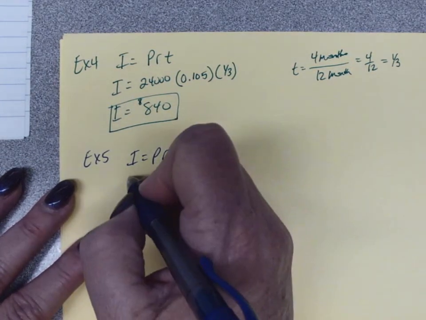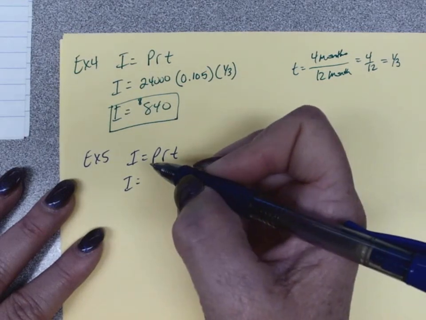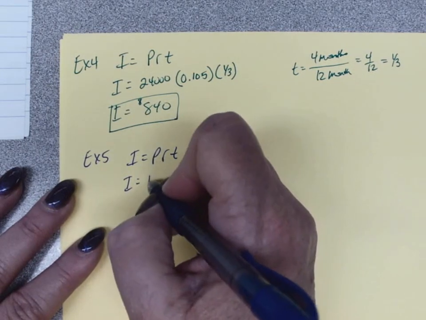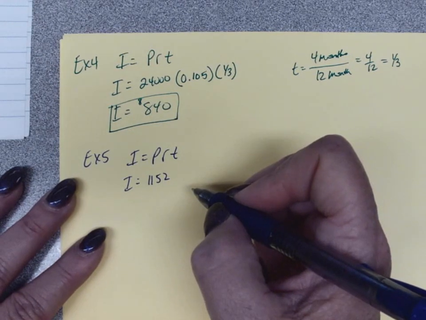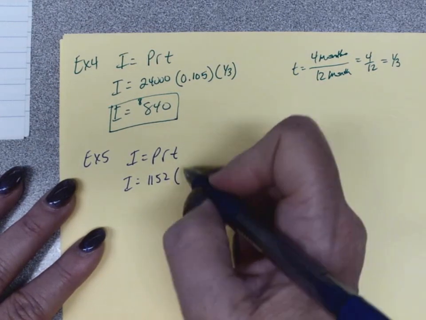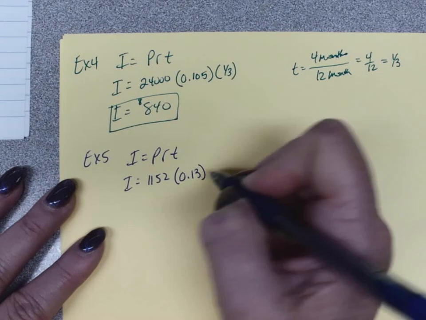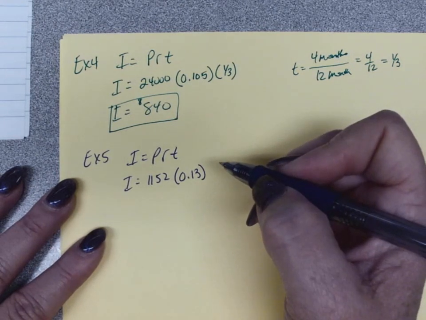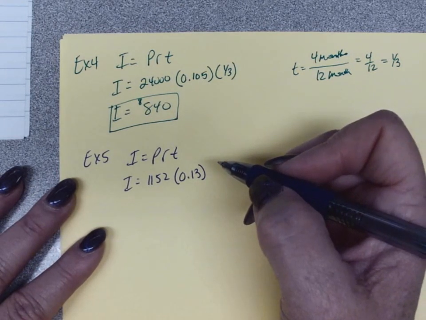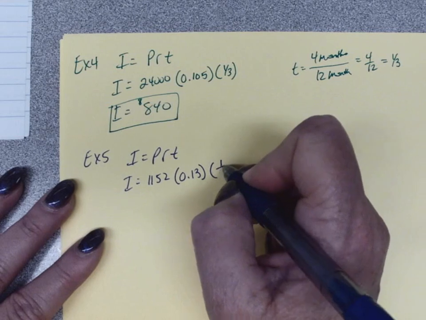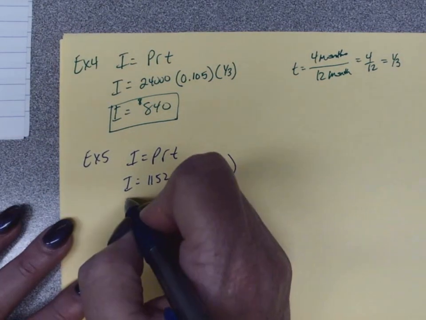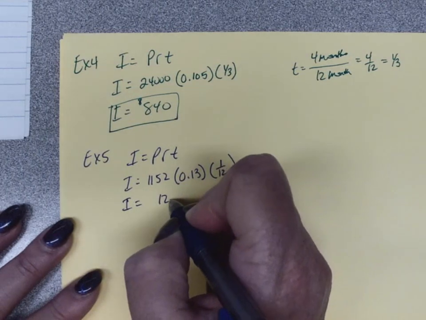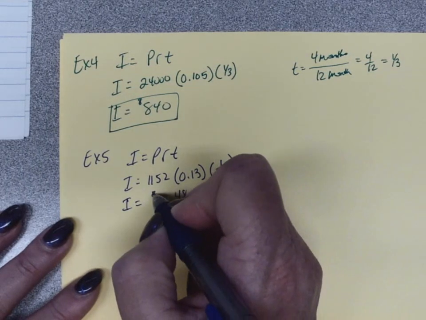Our principal is the amount on our credit card balance, which is $11.52. We were told that it is a 13% rate, so 0.13, and the time is 1 month overdue, so that's 1 month out of 12 months. Again, we're going to multiply, and we're going to get 12.48.